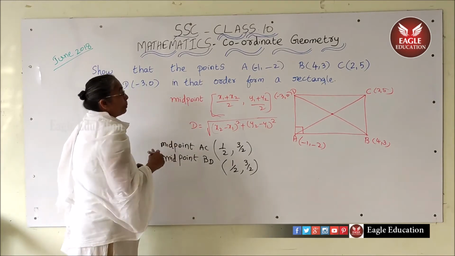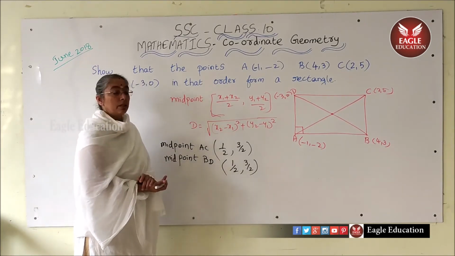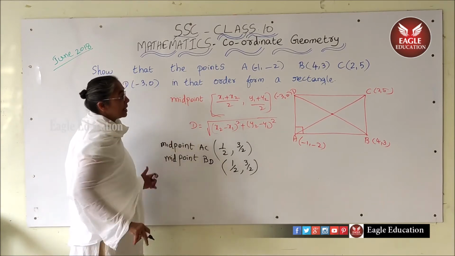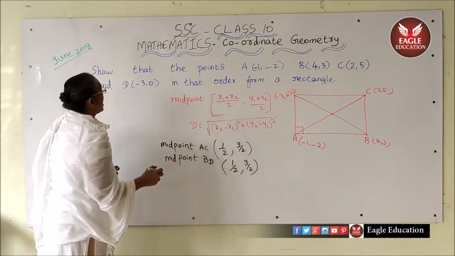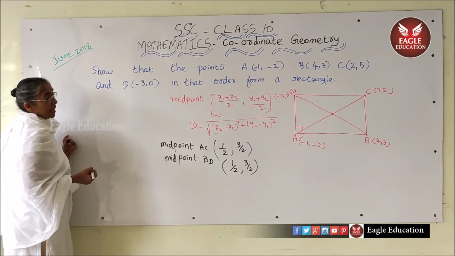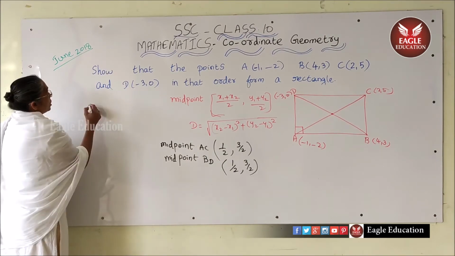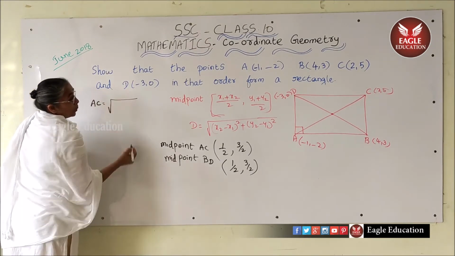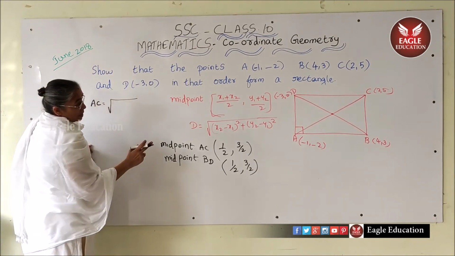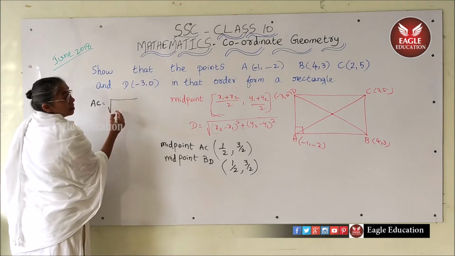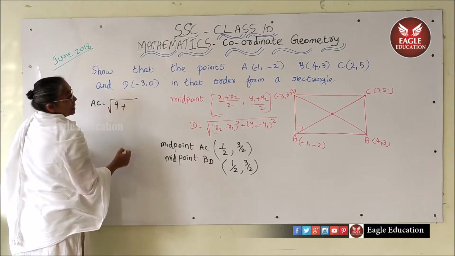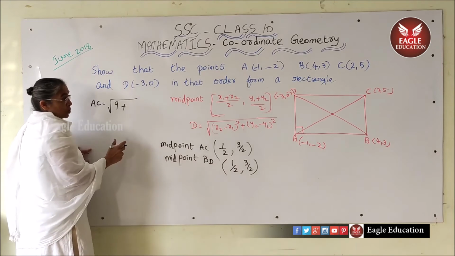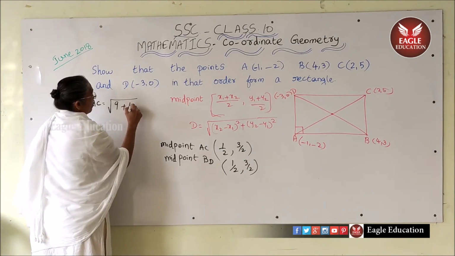Next we should prove the diagonal lengths are equal, that is, distance AC is equal to distance BD. Length of the diagonal AC is equal to root over 2 minus of minus 1 is 2 plus 1 whole square, which is 3 square 9, plus 5 minus of minus 2 whole square, 5 plus 1... 7 square 49.